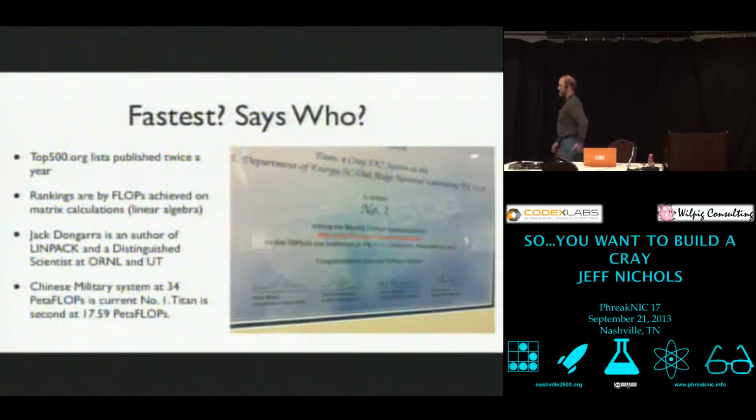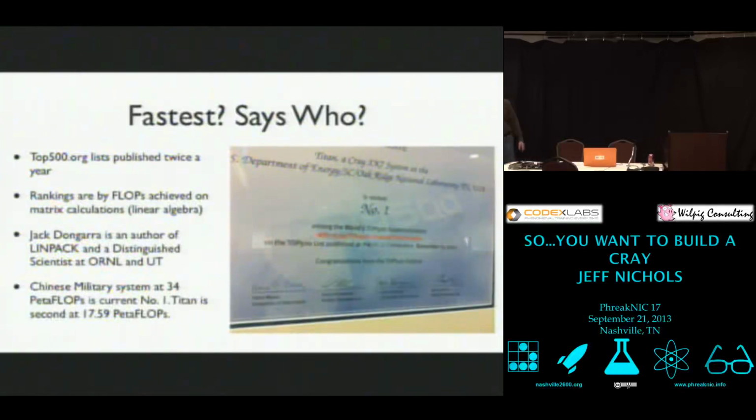Next. Okay, so we say it's the fastest in the world, but says who? And so there's top500.org. It's the group that's been listing the top supercomputers in the world for I don't know how long. It's a list that's published twice a year, and the rankings are by flops achieved on a matrix calculation, linear algebra, and a little hard to read, but Jack Dongarra was the author of LINPACK, which is the benchmark used.